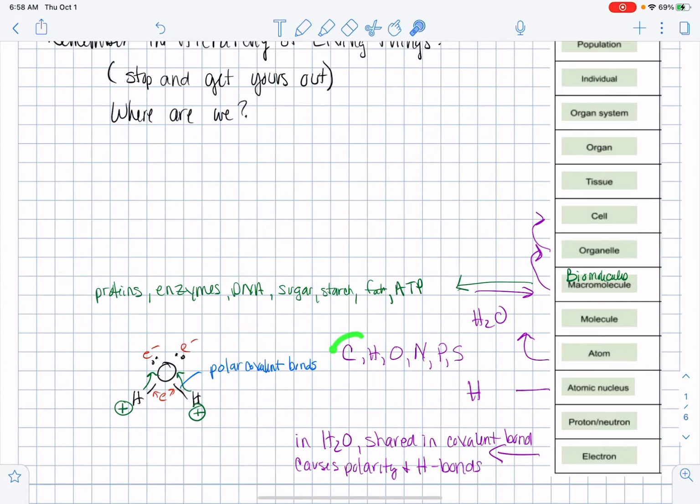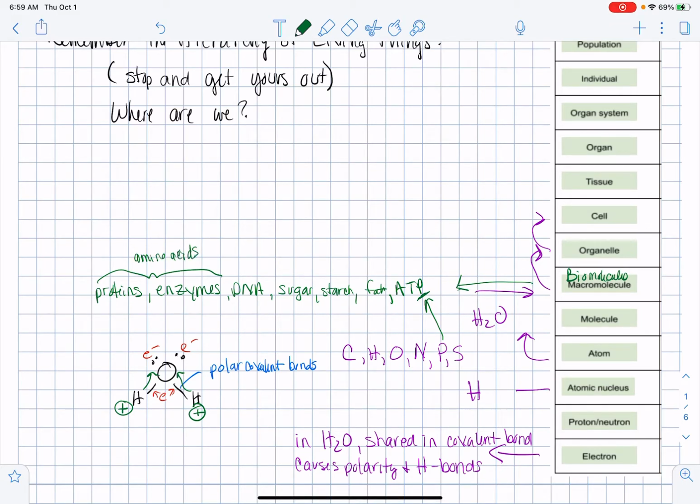atoms involved here, carbon, hydrogen, oxygen, and nitrogen in particular, and phosphorus in only one case. Phosphorus is found in ATP, that's the P part. All of those things make up proteins and enzymes. These are made of amino acids.